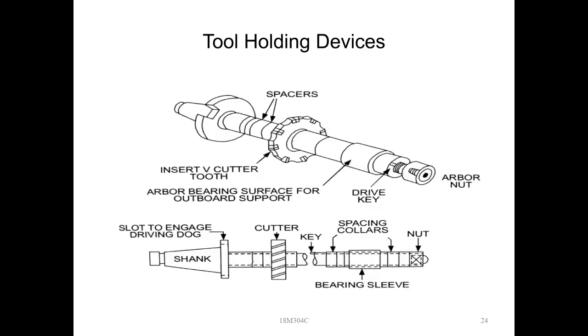These are the tool holding devices. Always we can observe the arbor, with spacing collars provided, and finally the arbor unit and nut are provided for tool holding. These are the main parts.